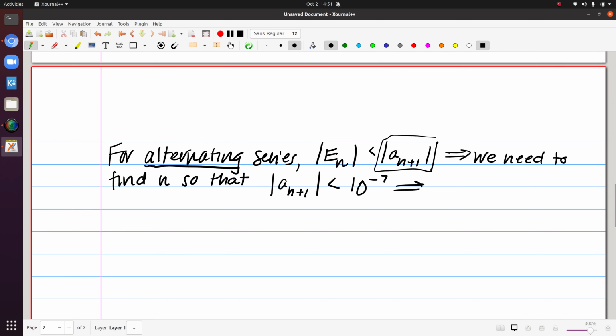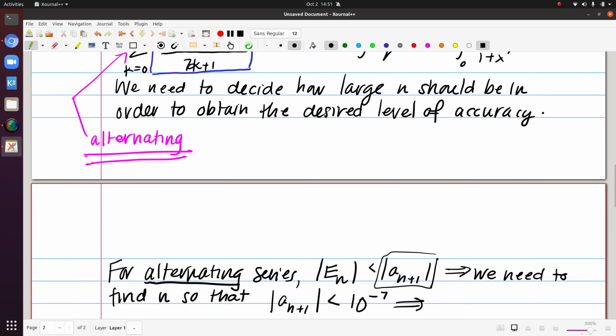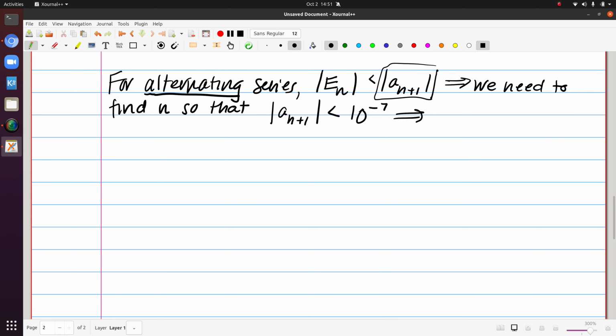So if I go back up to what I have in blue, replace every k with an n plus 1, that becomes the absolute value of negative 1 raised to the n plus 1 times 1/2 raised to the 7 times n plus 1 plus 1 divided by 7 times n plus 1 plus 1.